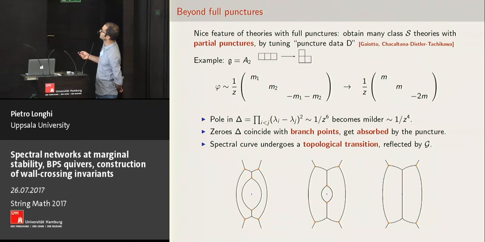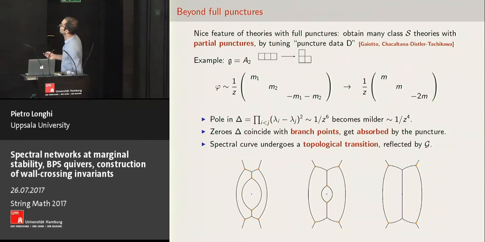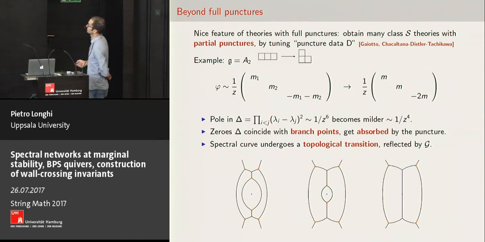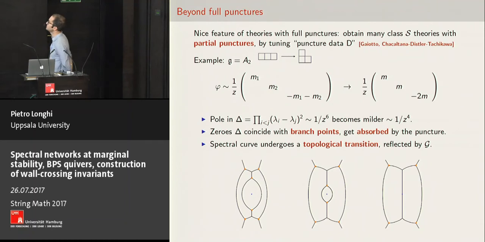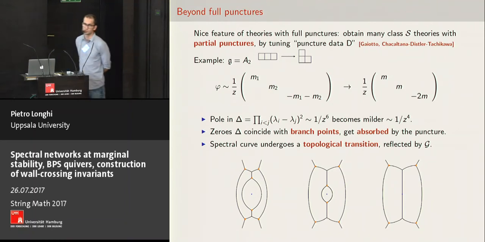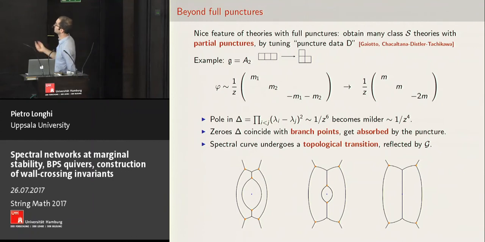So for example, in a Hitchin system of A2 type, one can go from a full to a so-called simple puncture by taking the residue of phi and specializing M1 equal to M2 in this way. Then we see that the pole of the discriminant of the spectral curve jumps from degree 6 to degree 4. And what that means is that 2 zeros of the discriminant, which correspond to the branch points of the spectral curve, must end up onto the puncture.